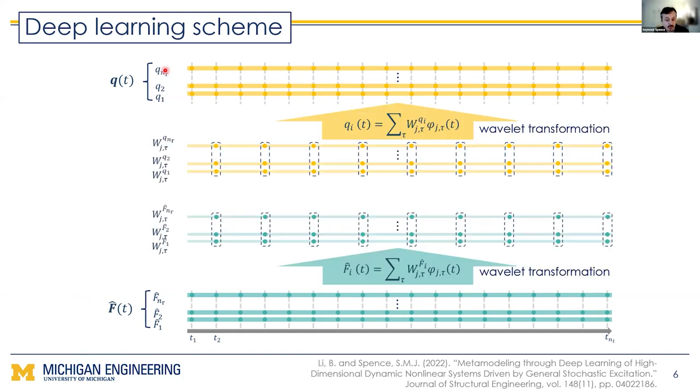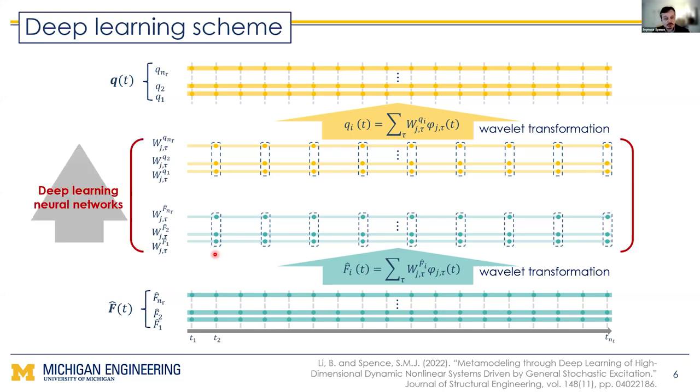Now, something we have observed is that it's convenient to first transform both your reduced input as well as your reduced output into sequences of wavelet coefficients. This makes the sequence learning problem, as you are trying to learn something in time, much shorter if you're learning the wavelet coefficients instead of the original time series.